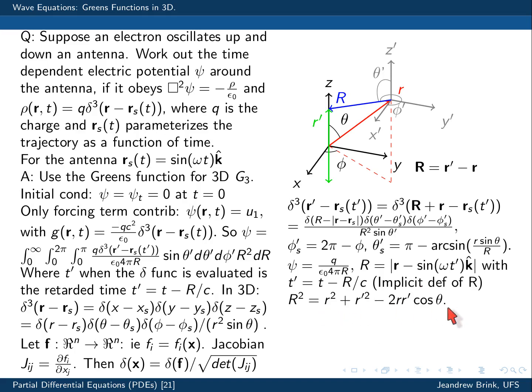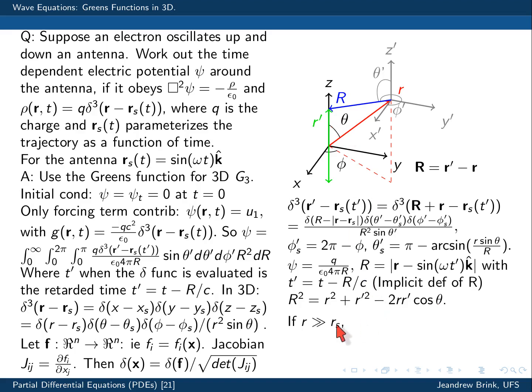Okay, so we can write down what r is in terms of r and the position that you are on the antenna, even though you don't know exactly what that position is, and you just use your cosine rule. So it's just r squared plus r prime squared minus 2r prime times cos theta, where theta is that angle.